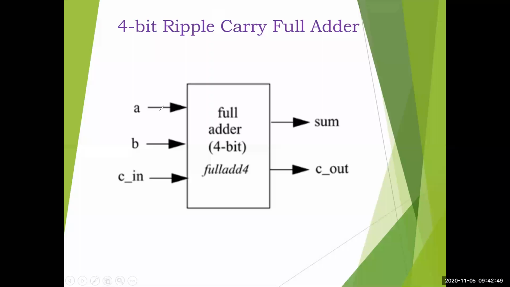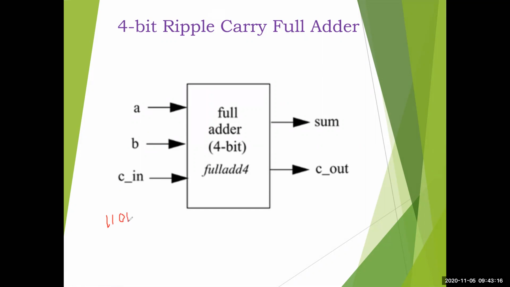If you have A of 4 bits, B of 4 bits and the sum of 4 bits, then it is a 4-bit full adder. C in and C out are scalar. If you do not have vectors and just have 1-bit scalars, then it becomes the 1-bit full adder circuit.